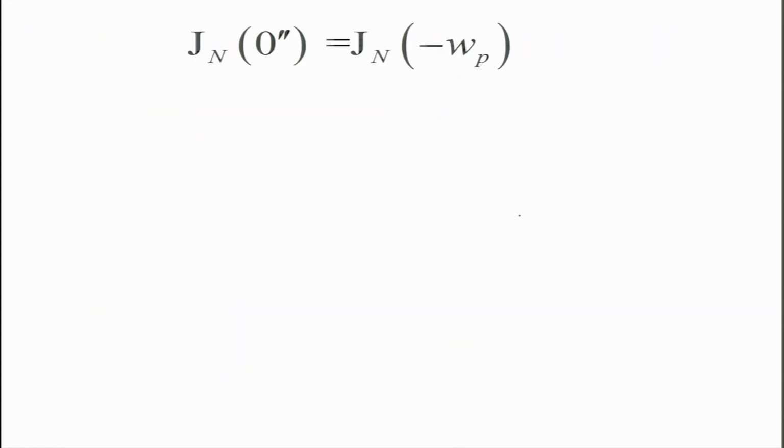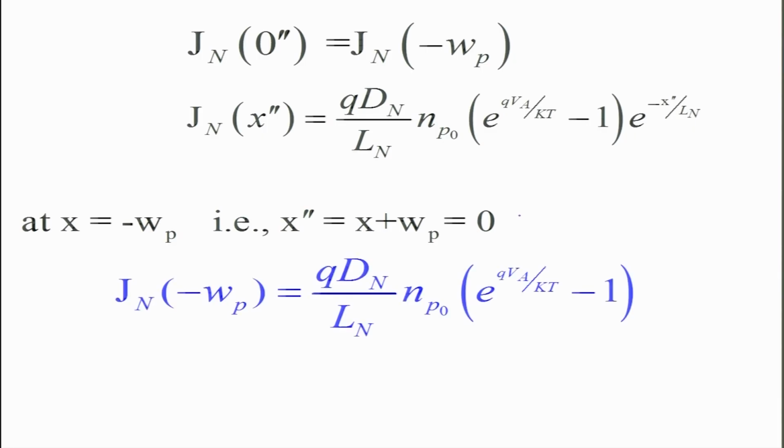Using similar logic, Jn at minus Wp is equal to q Dn by Ln into Np naught into exponential of qVa by kT minus 1. So we got two expressions, one for electrons, one for holes.